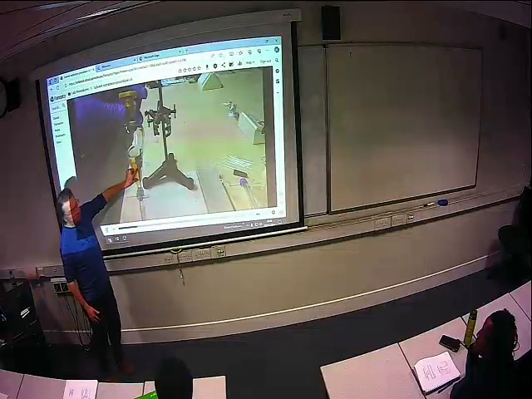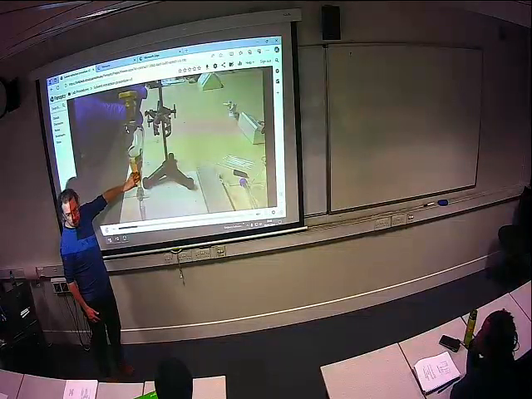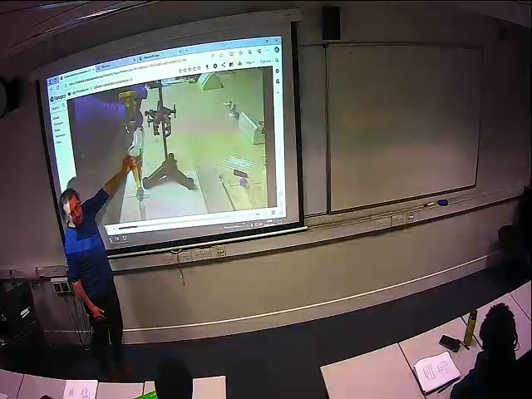This has got a water solution here. It's got some growth media and antibiotic in it, and this is an organic solvent.